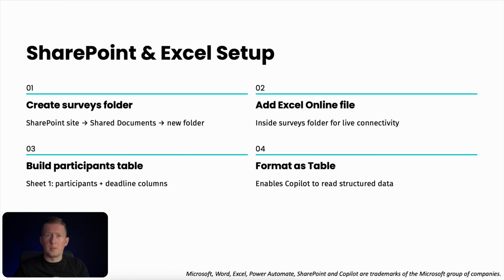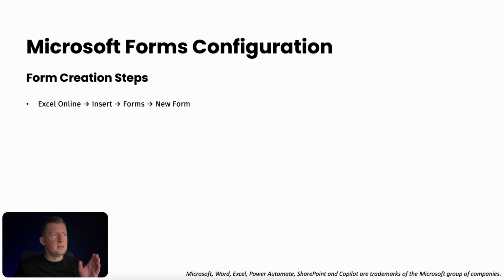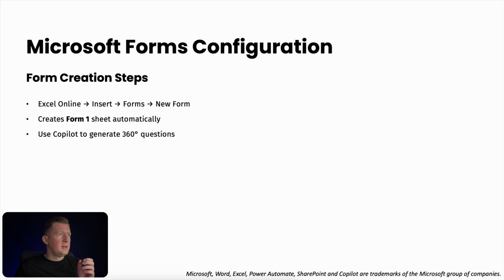And then after that, we are formatting it as a table. And then we are connecting it with the Microsoft Forms. That means in the online Excel we are inserting a new form. Then a new sheet is automatically created. Form 1 is the name.